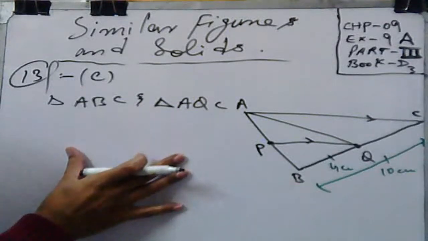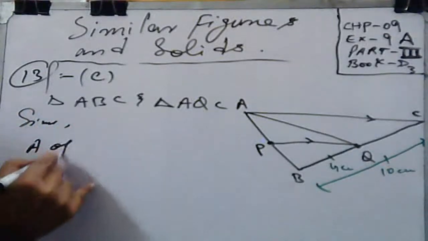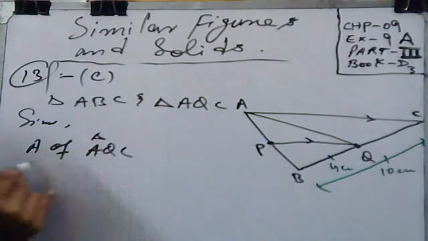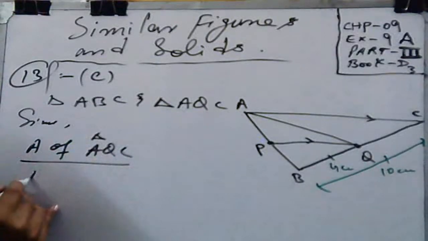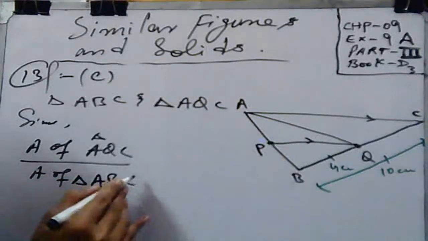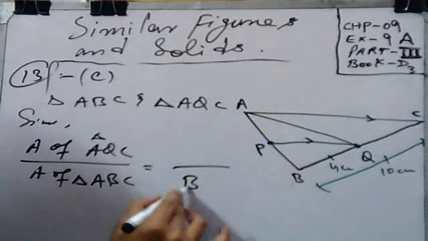So the area of triangle AQC divided by the area of triangle ABC, the bigger one, is equal to QC over BC, where the bigger one has the BC side.